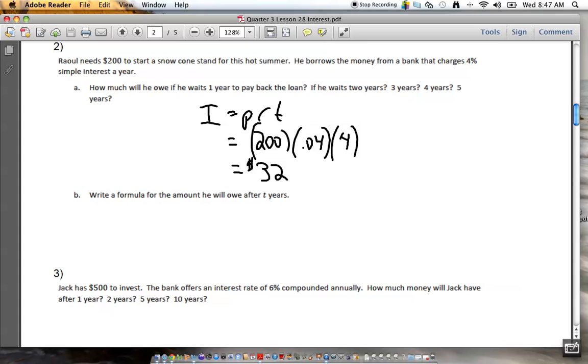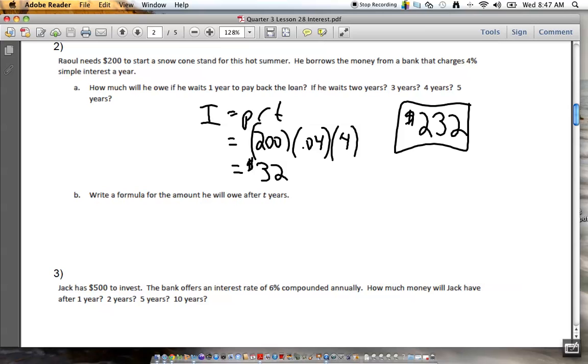Is that what he owes the bank? No. What does he owe the bank? 232 bucks, right? Because you don't only pay interest, you also pay back what they call the principal, the amount that you started with. Okay?